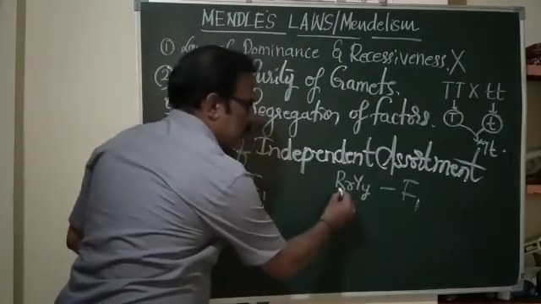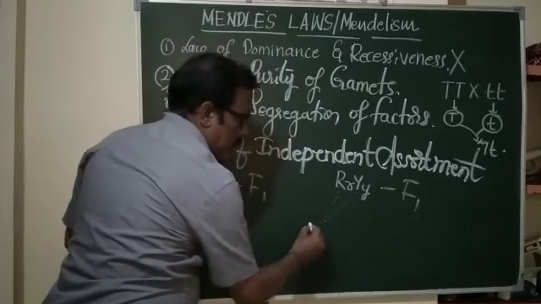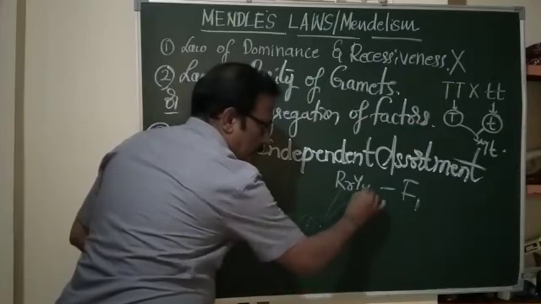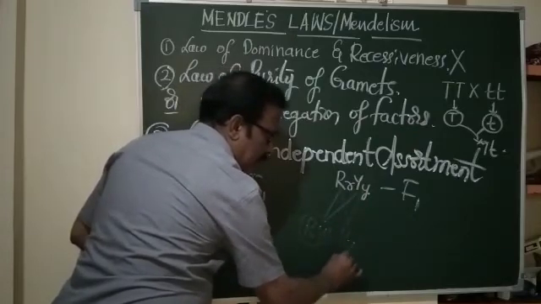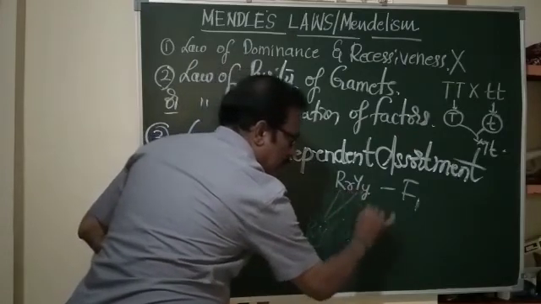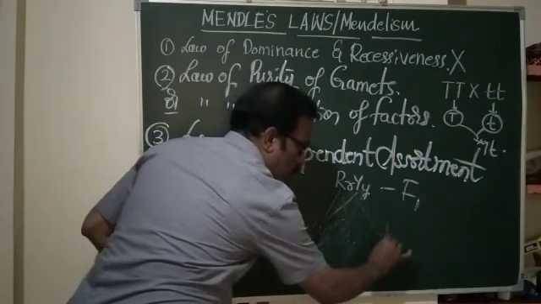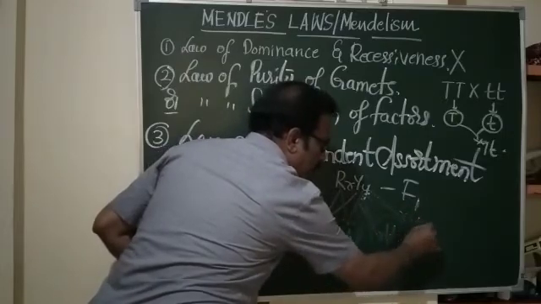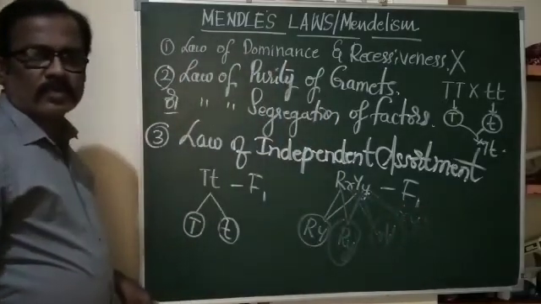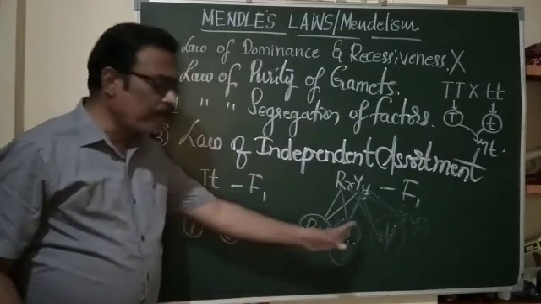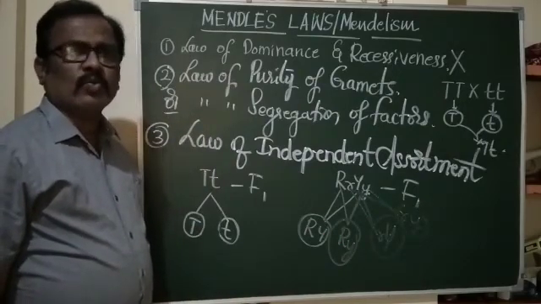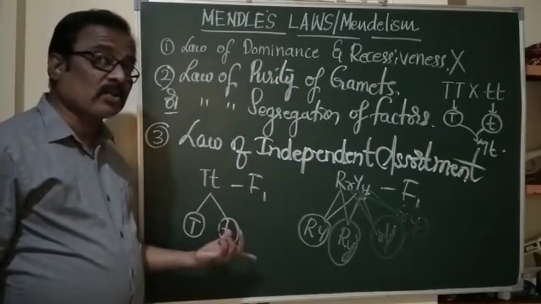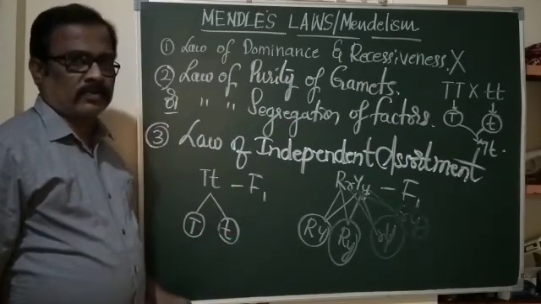What are those 4 types of gametes? Round yellow, one type. Round green, another type. Wrinkled yellow, third type. Then wrinkled green, fourth type. So here we'll get 2 parental gametes and 2 new ones. The new ones are formed as a result of their non-dependence.